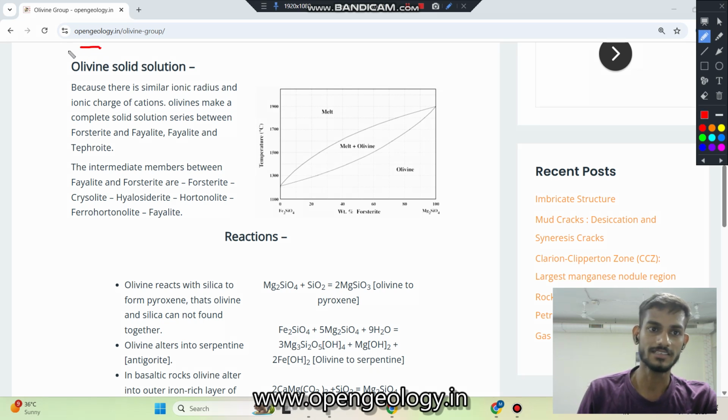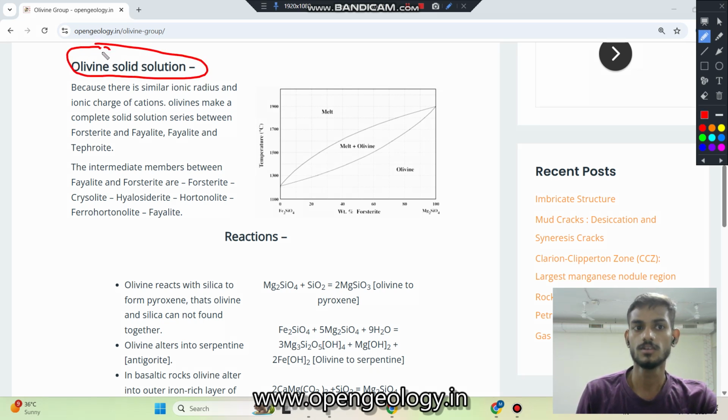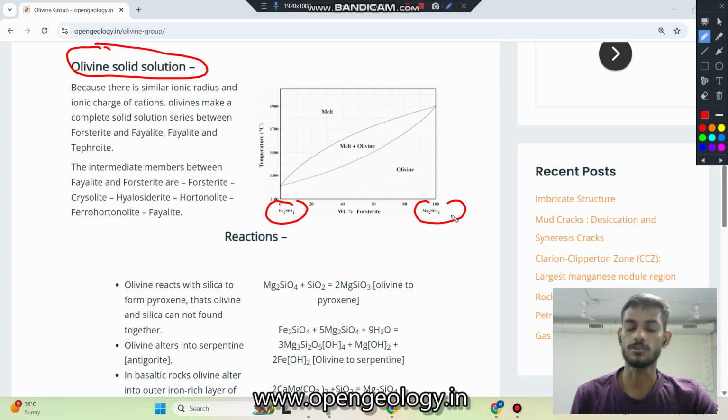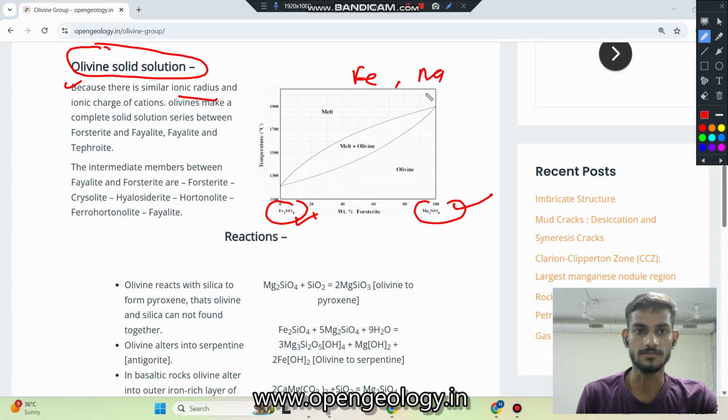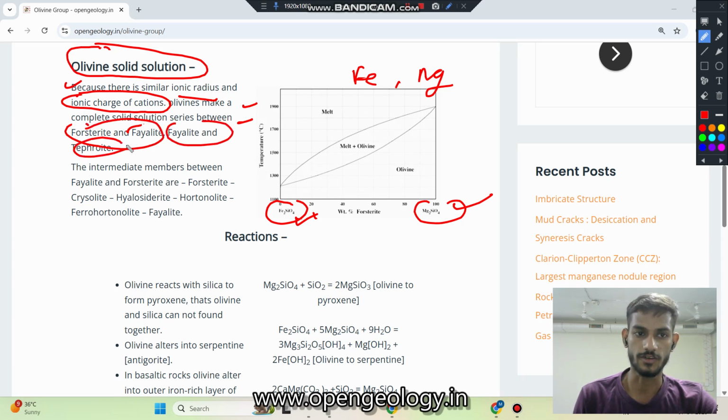This replacement is known as solid solution. So we have the olivine solid solution between the forsterite and fayalite system. Because of the similar ionic radius and ionic charges of these two cations, Fe and Mg, olivine makes a complete solid solution series between forsterite and fayalite and tephroite.